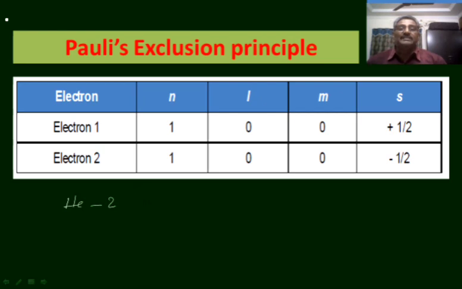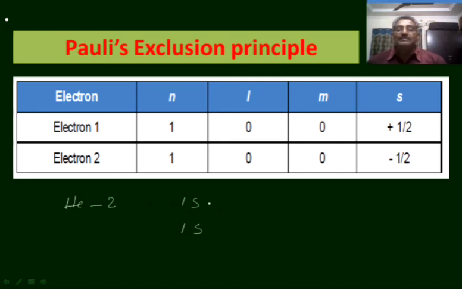Suppose for the first electron, the lowest energy state of helium is 1s. The first electron will occupy the 1s orbital. The 1s orbital can accommodate one more electron. So the second electron also will occupy the 1s orbital.